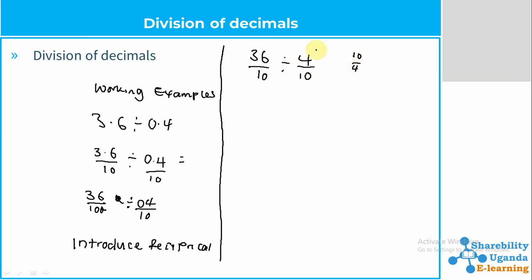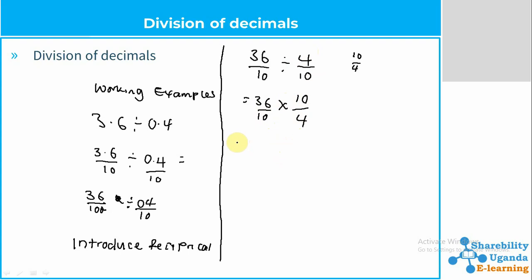When you make this a reciprocal, the sign, which was a division, changes to a multiplication. So this is going to be equal to 36 out of 10 multiplied by 10 out of 4. This is the reciprocal of 4 out of 10.